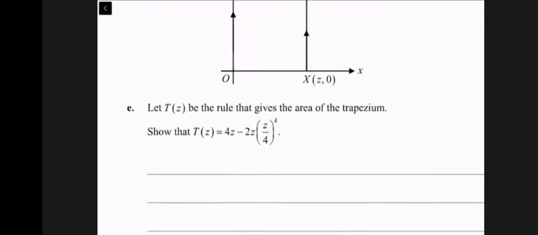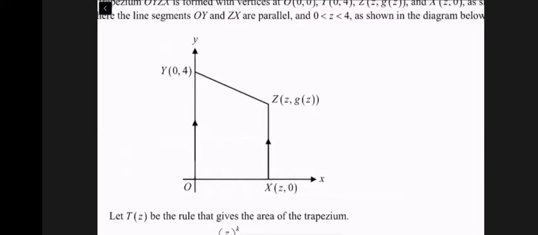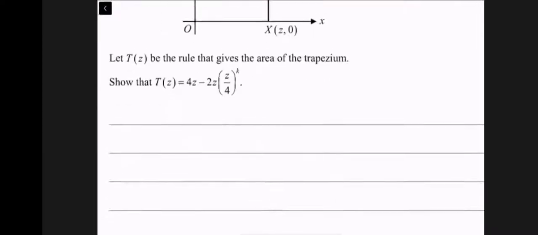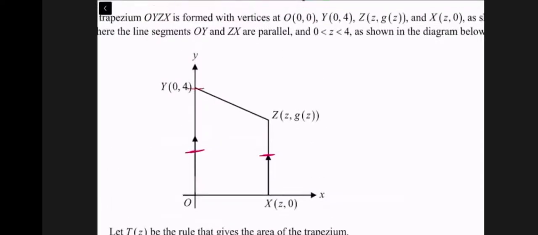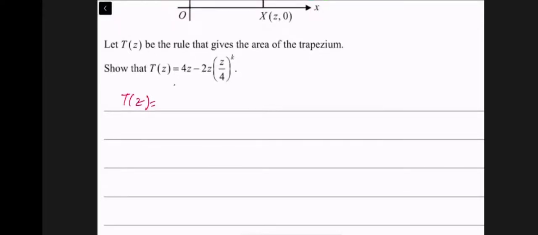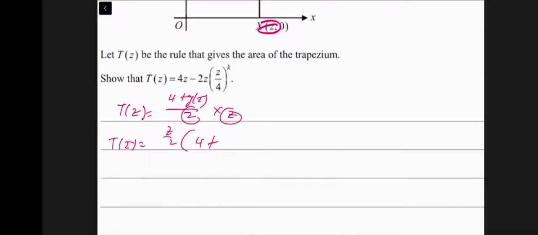T(z) is a rule that gives the area of the trapezium. We know the area of the trapezium is the average of these two sides times the height. So 4 is this one, and g(z) is this one. (4 plus g(z))/2 times z, where z is the height. I'll just take out z/2. 4 plus, now g(z) is 4 minus 4(z/4) to the power k.